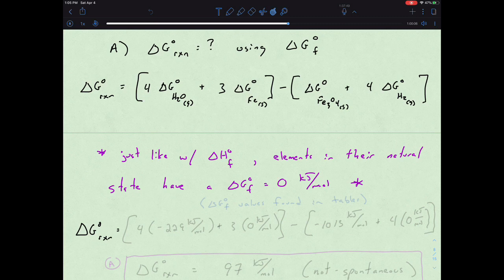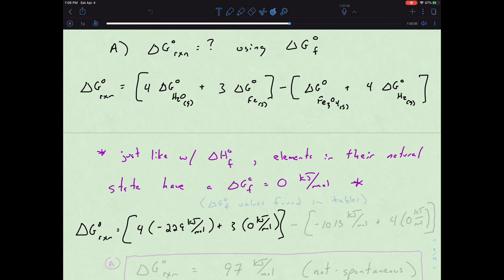So if we start to look these up, we would have the delta G for gaseous H2O would be negative 229 kilojoules per mole, plus 3 times 0 for our iron in its natural solid state, monoatomic, so it's 0.